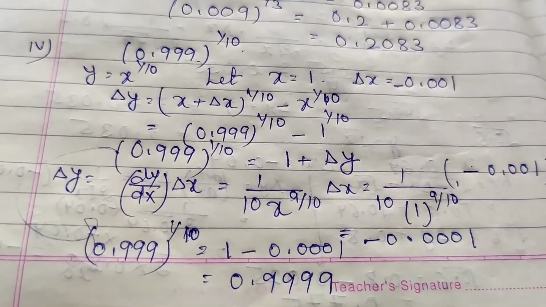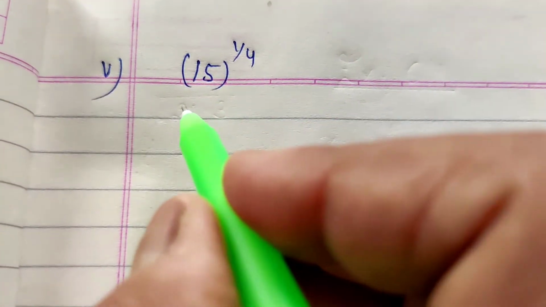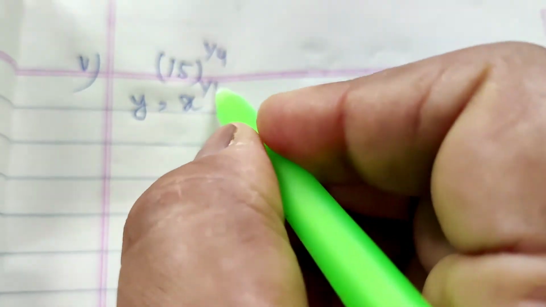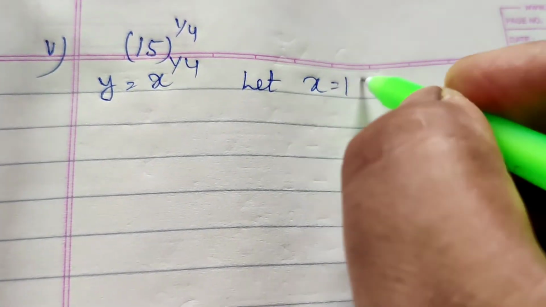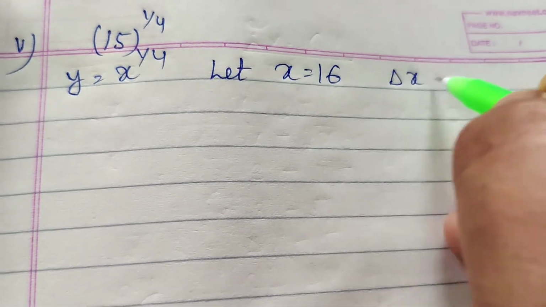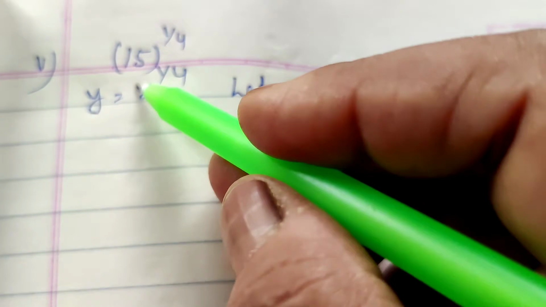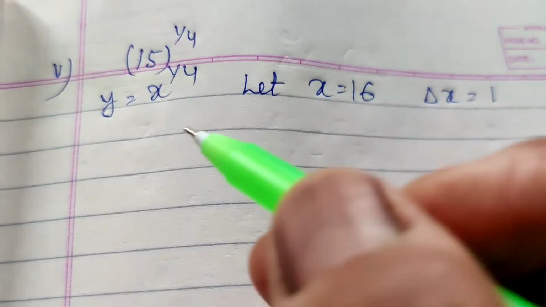Now fifth, 15 raised to power 1/4. Y equals x raised to power 1/4. Let x equal 16 and del x equal to minus 1, so 16 minus 1 is 15.